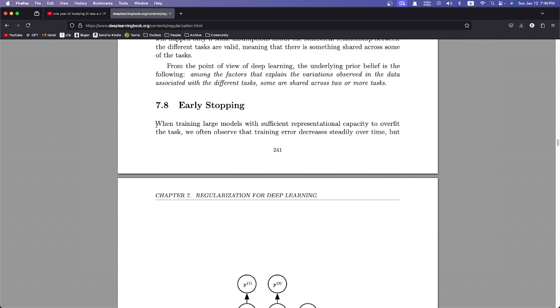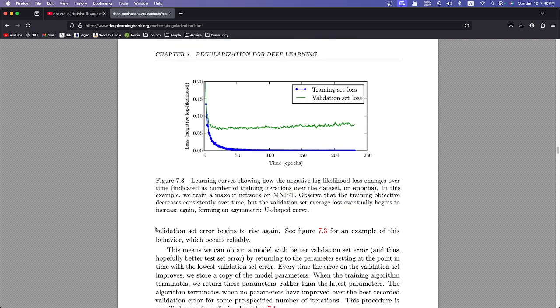When training large models with sufficient representational capacity to overfit the task, we often observe the training error decrease steadily over time, but the validation set error begins to rise again. See figure for the example. A lot of people probably know this phenomenon: it is talking about overfitting.